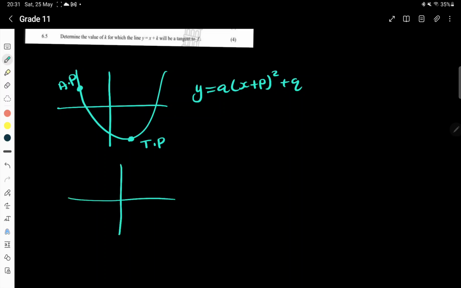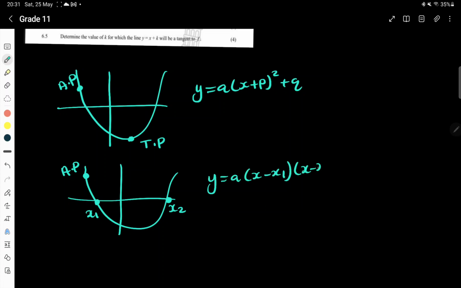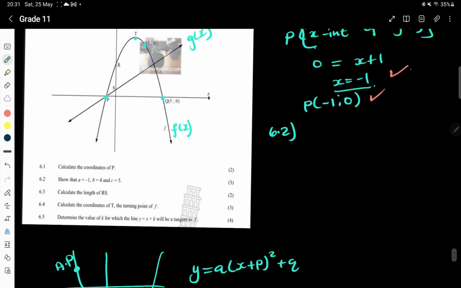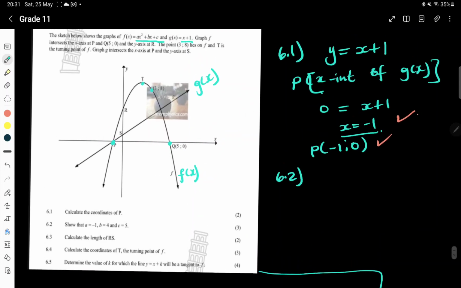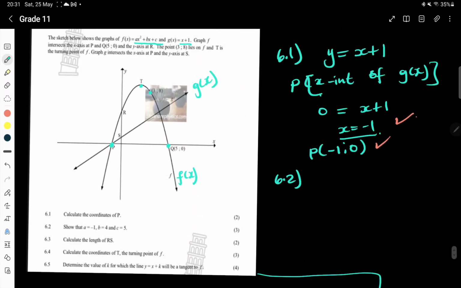But when you have the x-intercepts, x1 and x2, and any point, then you use this one: y is equal to a into (x minus x1)(x minus x2). So in this case we have two x-intercepts.